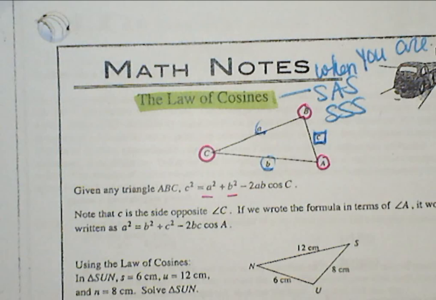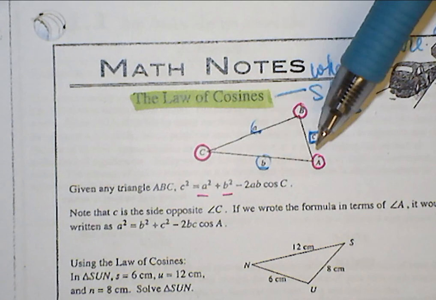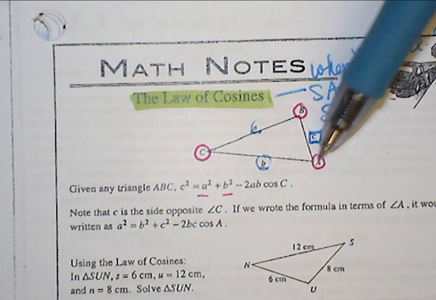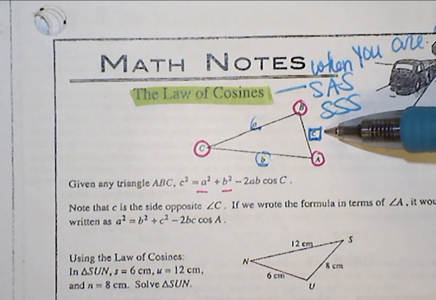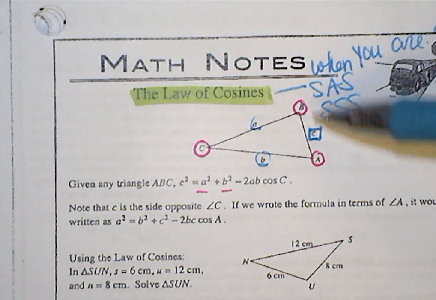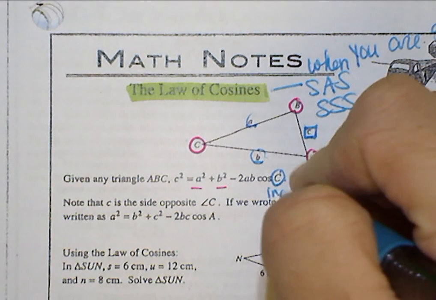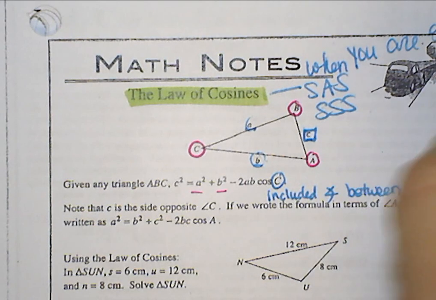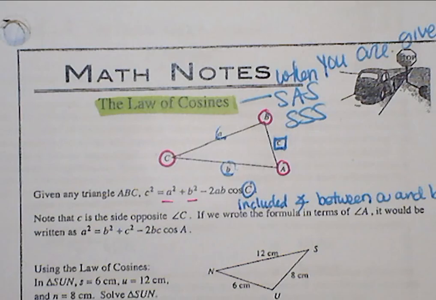We could say a squared equals c squared plus b squared minus 2 times c times b times cosine of their included angle, which is A. I could say b squared equals a squared plus c squared minus 2ac cosine B. So this one has to be the included angle between the other two sides. Now, what does that look like in the end? That ends up looking like SAS and SSS.